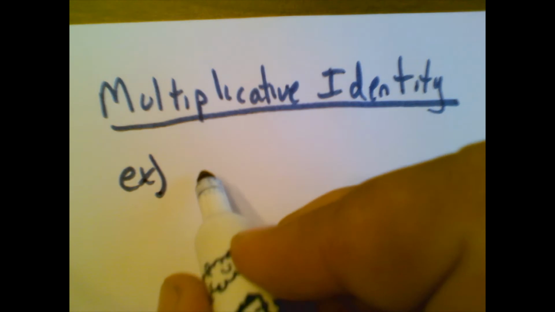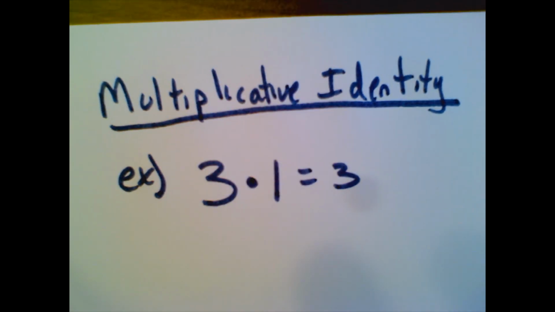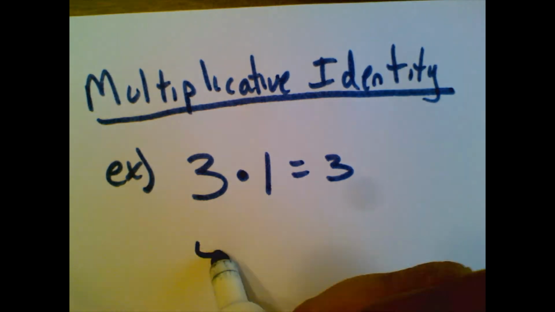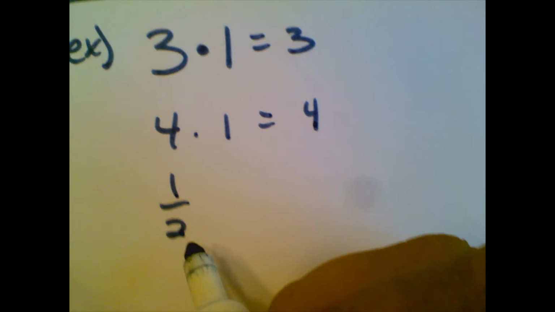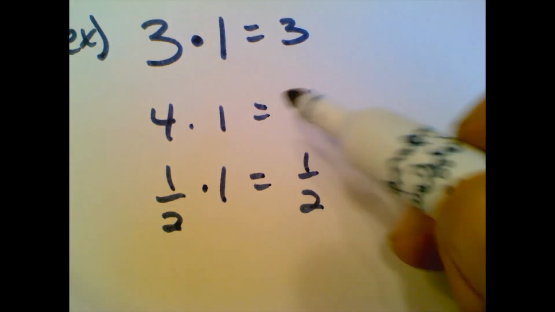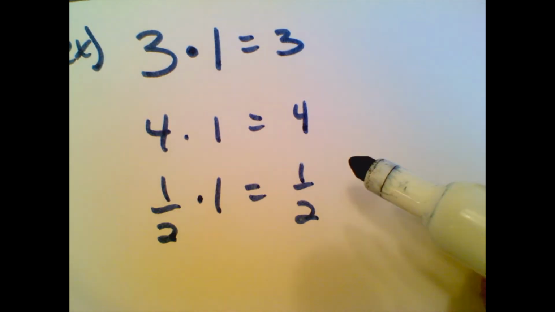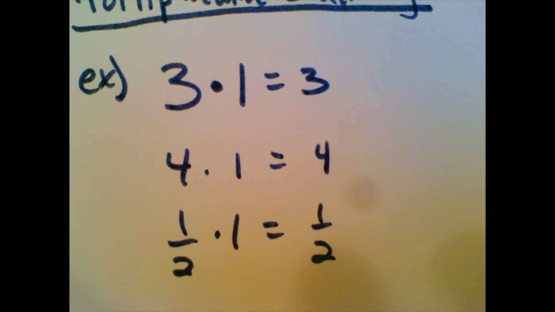Okay, if you said 1, you're right. So for example, 3 times 1 is still 3. 4 times 1 is still 4. A half times 1 is still a half. So the number that is the multiplicative identity is 1. Just like for addition, 0 was the additive identity. The multiplicative identity is 1. Okay?